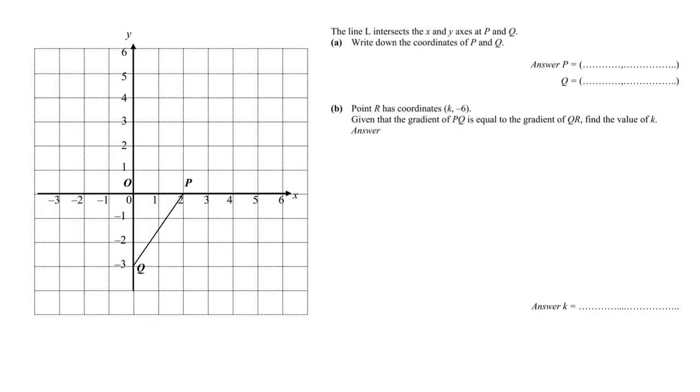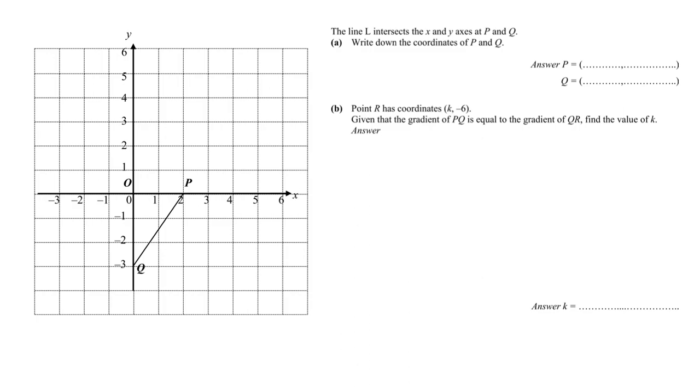Hello everyone, welcome to this video where we are given a grid and a line that intersects the x and y axis at P and Q. So this is our line L that is being drawn on the graph.